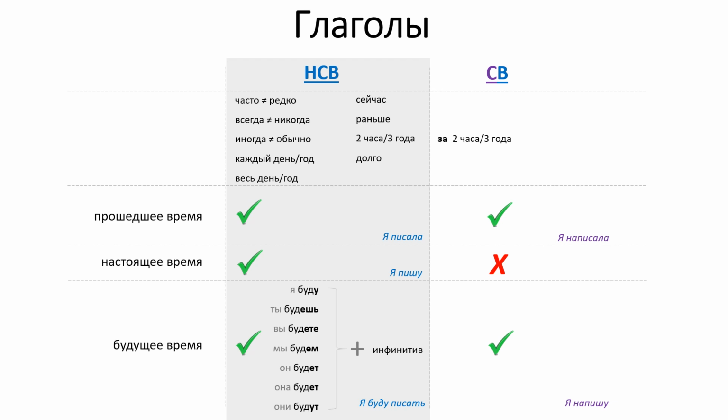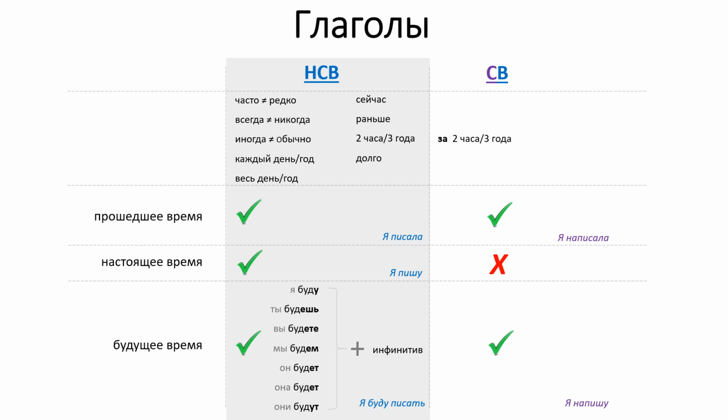Past tense of NSV verbs is formed by adding one of the 4 endings l, la, li, or lo. Я писала, I was writing, or I used to write. Conjugated NSV verbs talk about present. Я пишу, I am writing, or I write every day, for example.